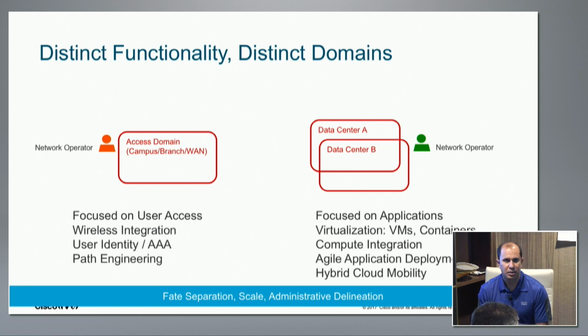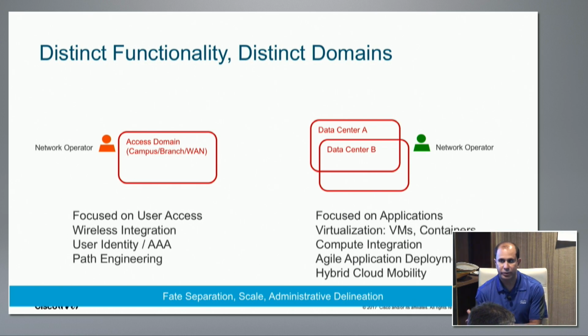There are in each one of the domains different tasks and different things that need to still be done, right? So you've heard a lot about the access network and how we integrate wired and wireless. You've heard about how we use ICE to bring users and devices on board, right? And those are the concerns of the access network.